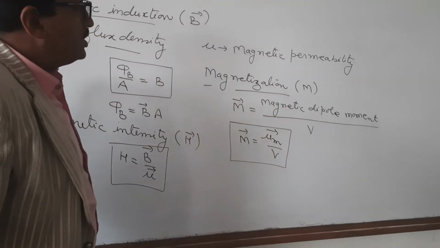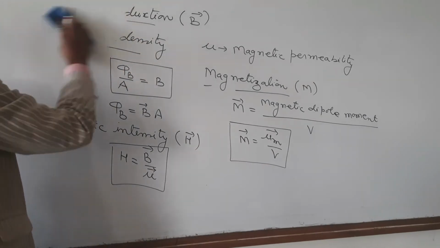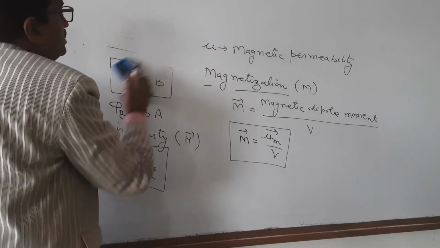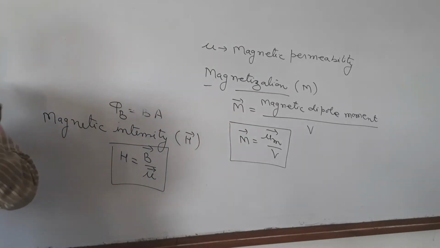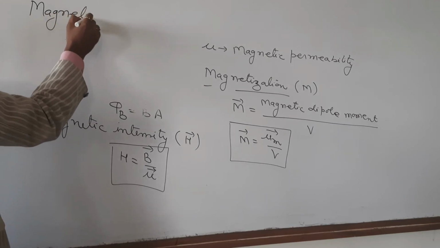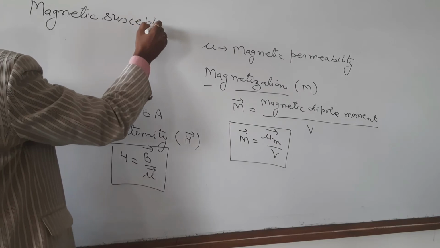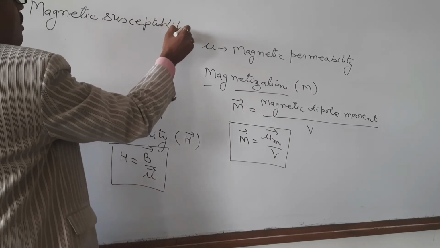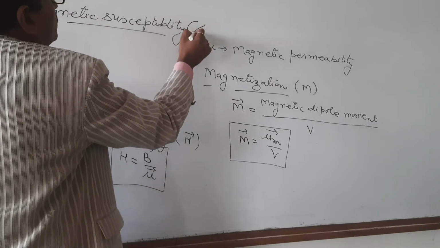And the next term which we use to understand the magnetic properties of material is magnetic susceptibility. We represent it by chi.